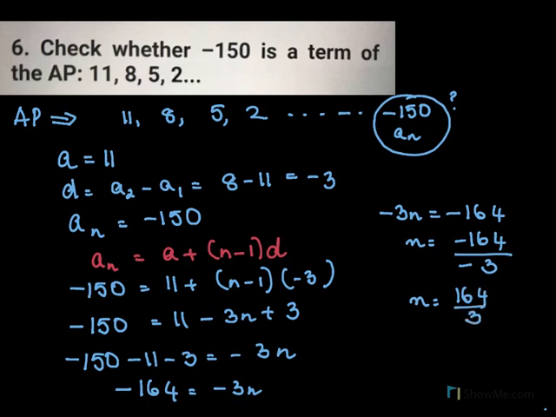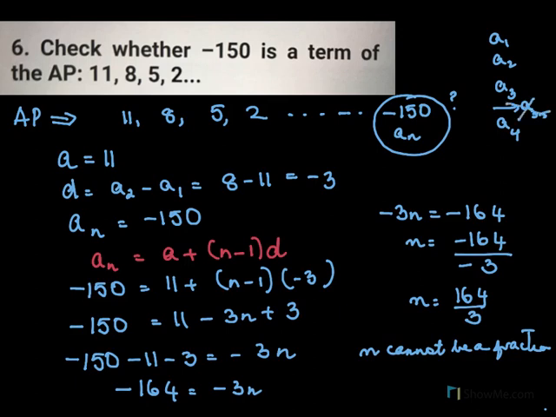Now this is a fraction. We cannot reduce it. And you know N cannot be a fraction. We can have the first term, we can have second term, we can have third term, we can have fourth term. We cannot have 3.5 terms.